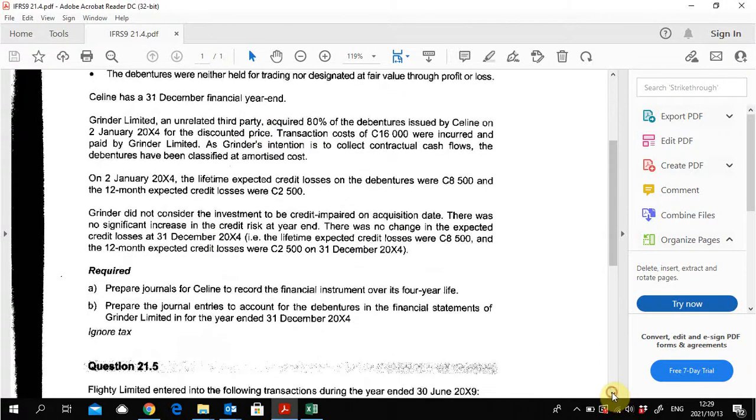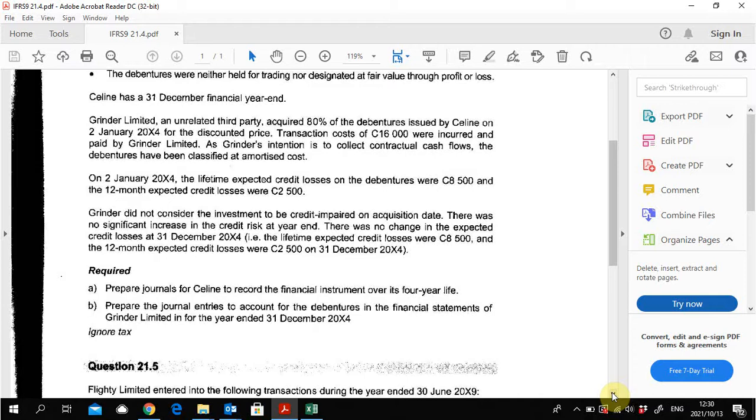So I'm just going to jump to the required part. In the required part, they say, firstly, you need to prepare the journals as it relates to Celine for their financial instrument over 4 years. And then you need to do the journal entries as it relates to the statements of Grindr for the year ended only 31st December 2004.